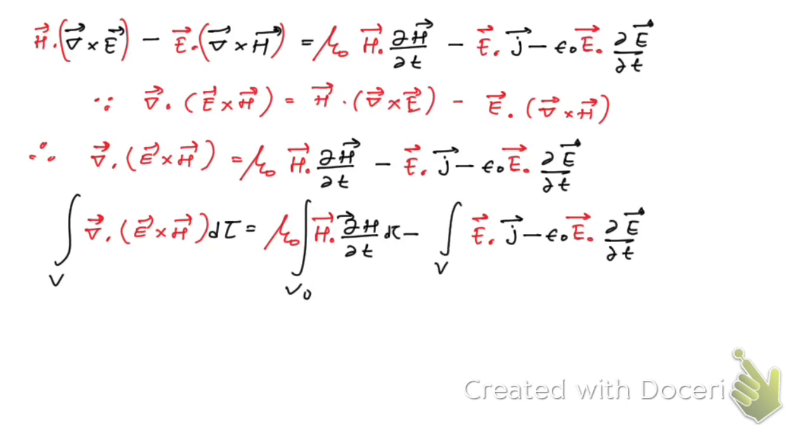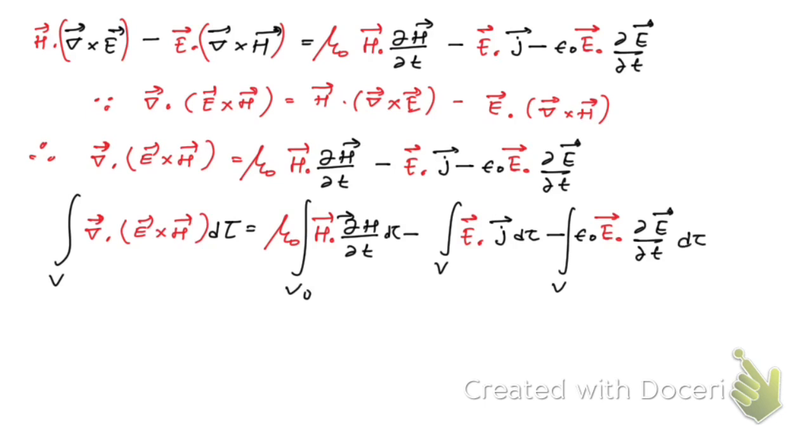Here also we're going to write d tau. That's what we're going to have, taking the volume integral on both sides.